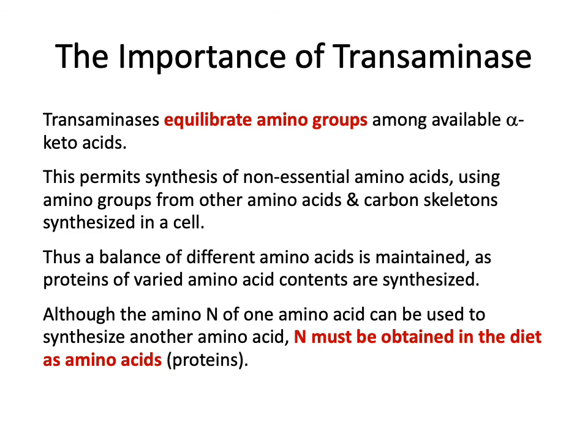So the transaminases can equilibrate these amino groups among available alpha-keto acids to make different amounts of amino acids. So we can modulate these different non-essential amino acids to maintain the amount that's needed in order to synthesize new proteins.